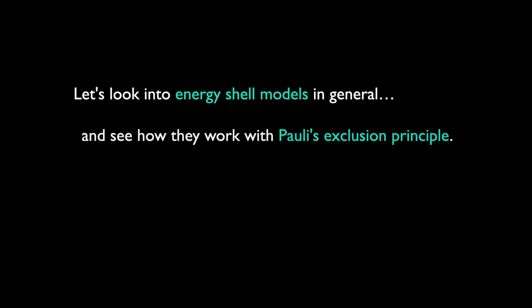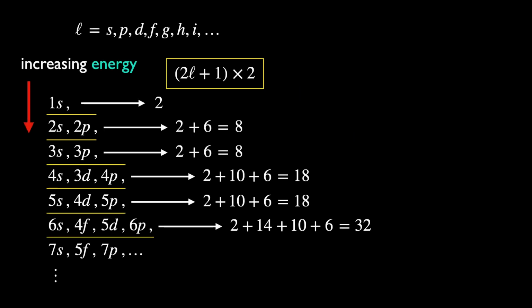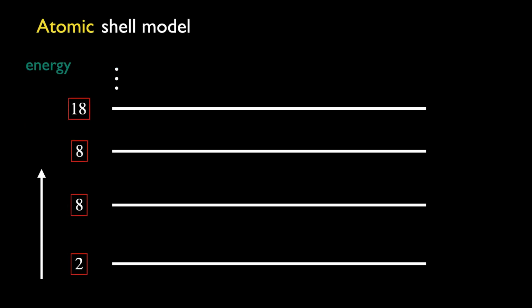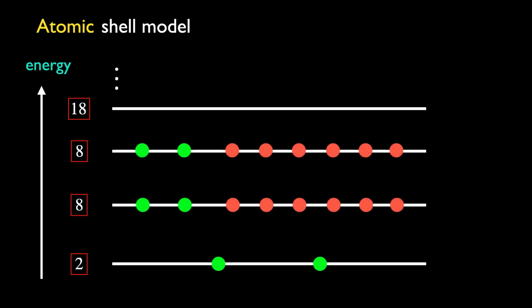Let's look into energy shell models in general and see how they work with Pauli's exclusion principle. Starting with the atomic shells. Let's take the 4 lowest levels as example. We have all these shells, each composed of degenerate states.